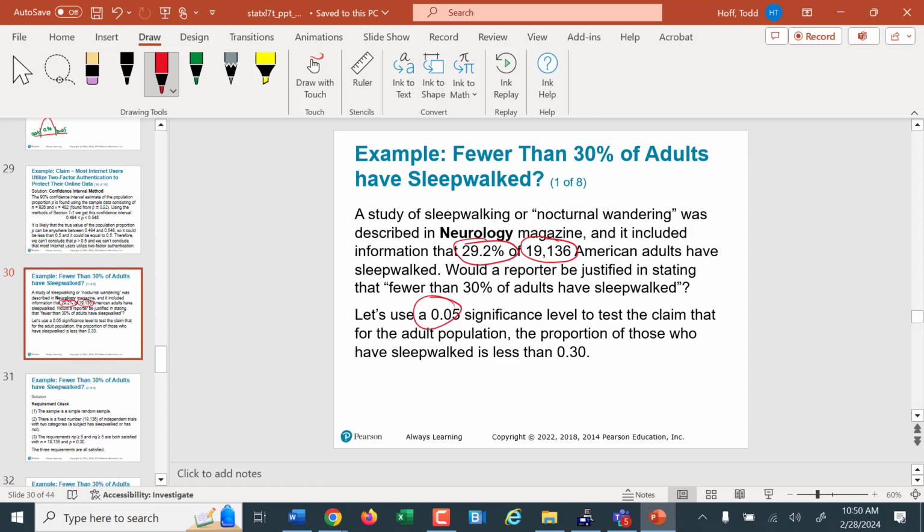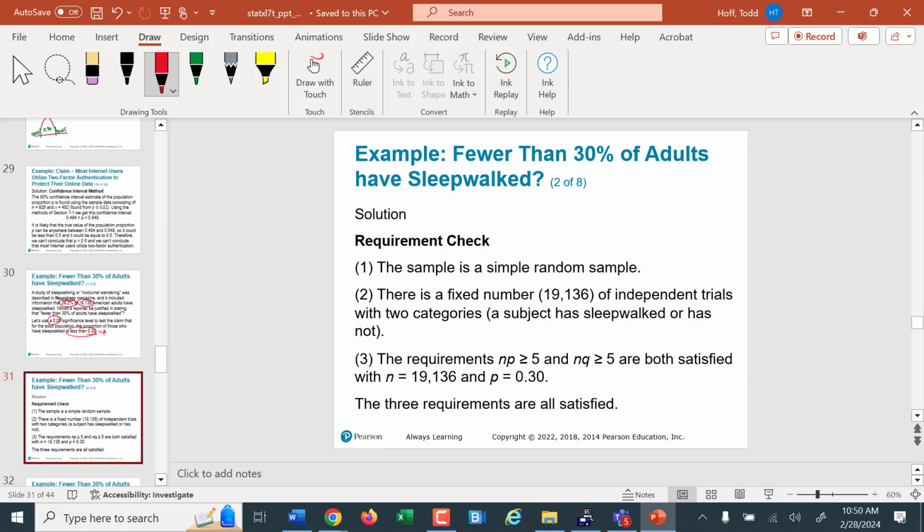We're going to use a 0.05 significance level, just because that's standard. And we're testing that the population proportion is less than 0.3. So let's go through the requirements. This is a simple random sample because we have a set sample size of 19,136.